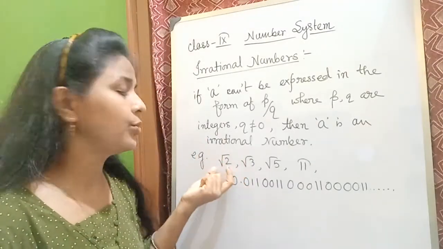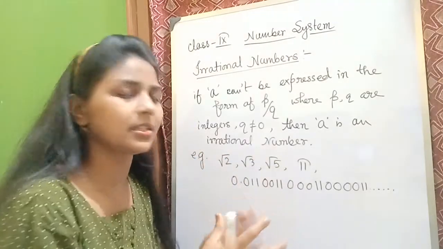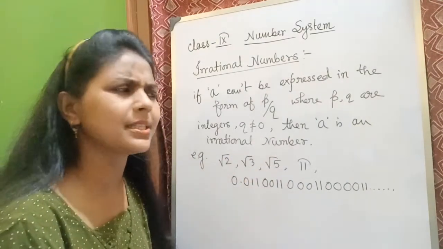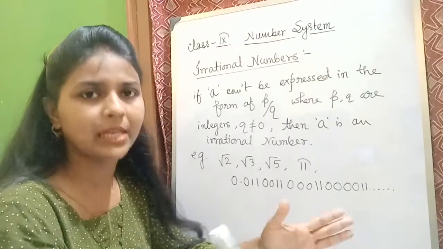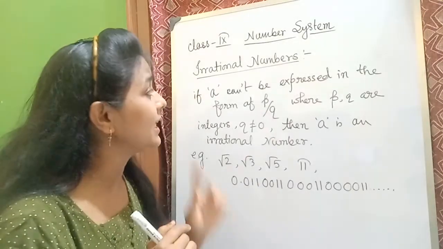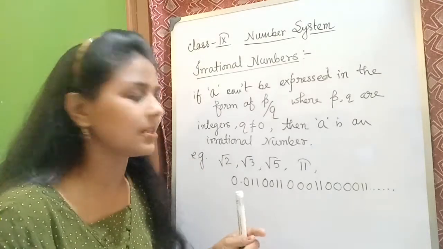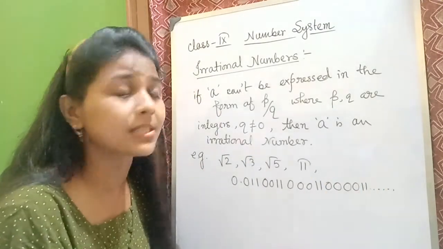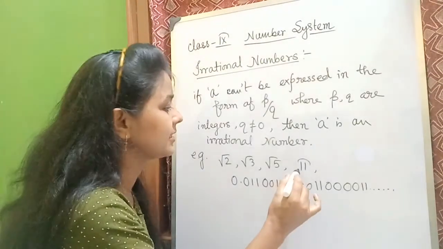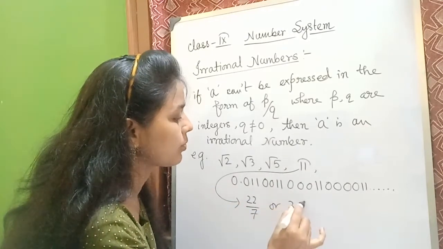Now the proofs of the irrationality of root 2, root 3, root 5 are in the class 10 syllabus, so it's not our area now in class 9. Pi itself is an irrational number which has infinite digits after the decimal point, but just for ease of calculation we take it as 22 by 7 or 3.14.